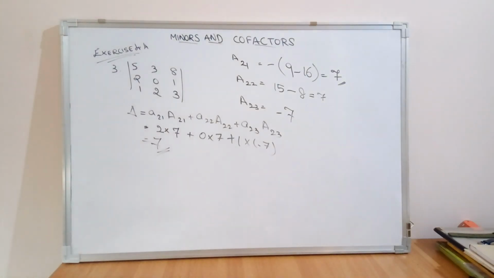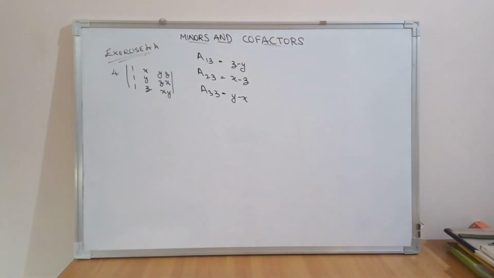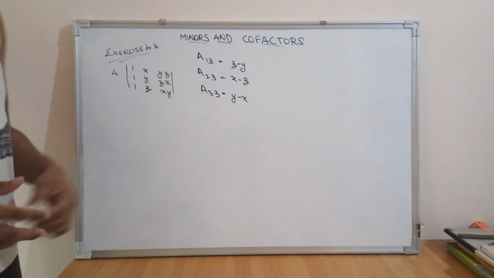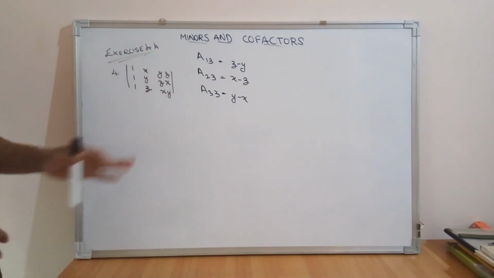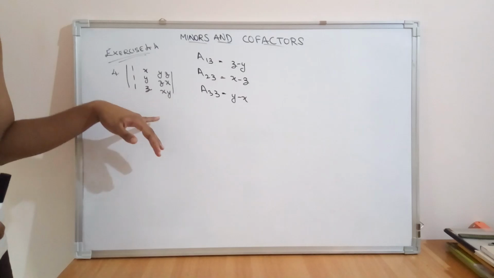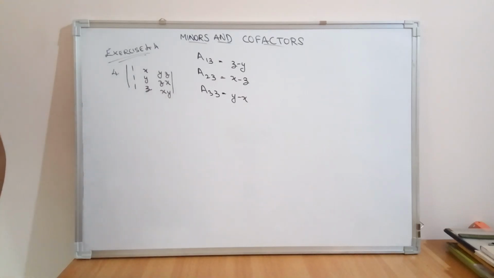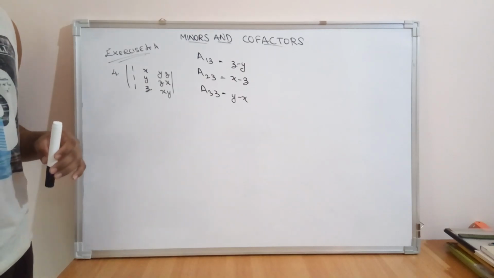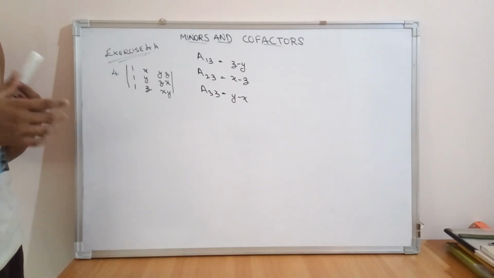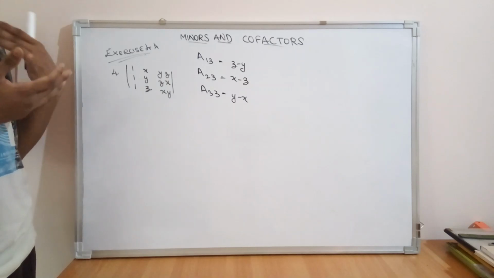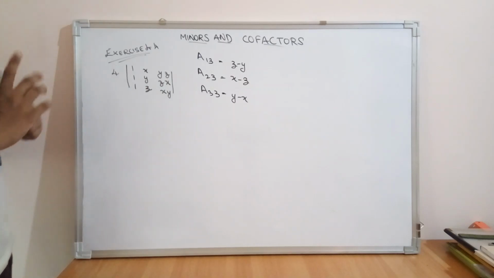Similarly, we can do the fourth question also now. Okay, now we have the fourth question. Here we have already found out the cofactors. It was given that you need to find the cofactors of the third column and then find the value of the determinant. Since it is going to be a variable, we need to always get the more simplified form for this. So maybe we are going to get some factors. In order to get the factors, we need to work hard now.